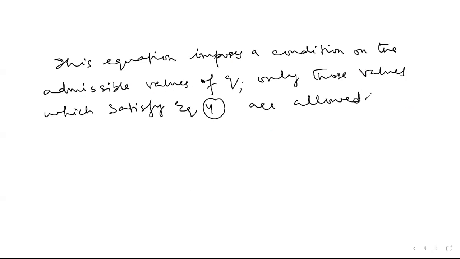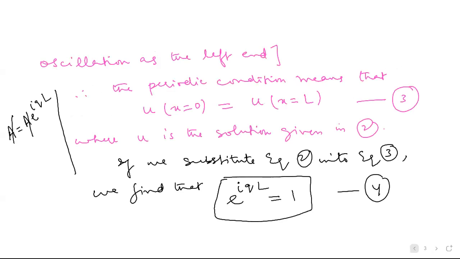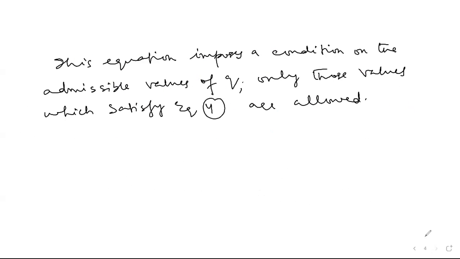So you can see putting a boundary condition is putting a condition on admissible values of q, right? Only those values of q are allowed which satisfy equation 4, right?